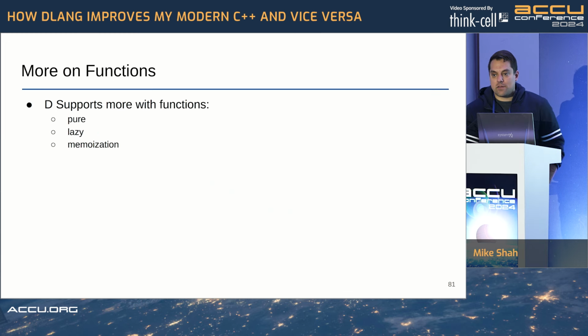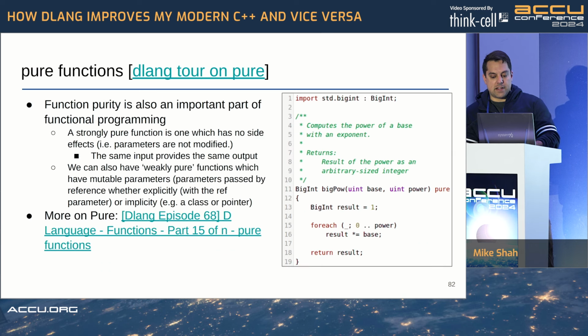All right, so there's a lot more on functions. Again, I'm not going to give you the full language, but there are ways to make functions lazy. You can memoize them if you want to save their state, but purity is important enough that it deserves a slide here. I can mark a function as pure and check that it doesn't have any side effects. So things like global variables or pointers into that function would make it impure, right?